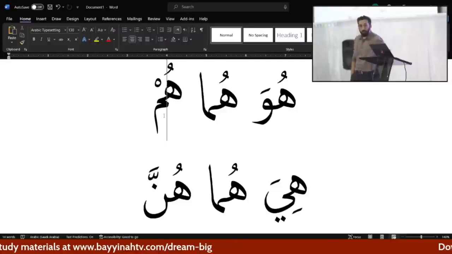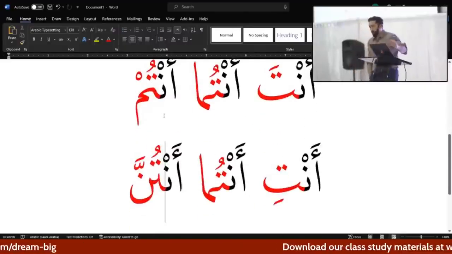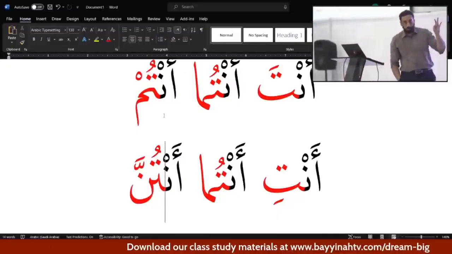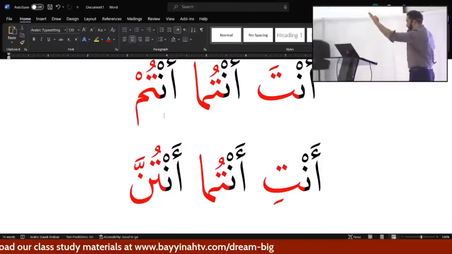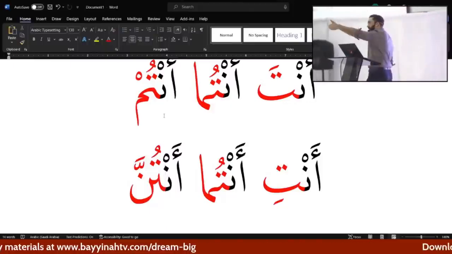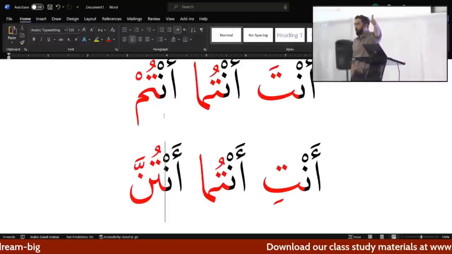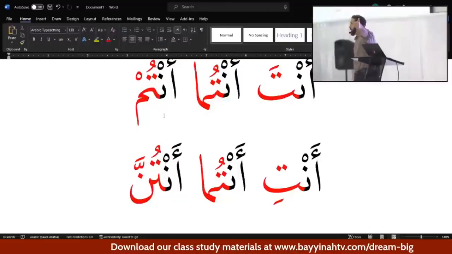Let's try it. If I say, what are the four properties of anti? I want status, I want number, I want gender, I want type. Same four properties that we've been doing. What's the status? Why is it rafa? Because pronouns are rebels. But it has an ee at the end. Do they care?